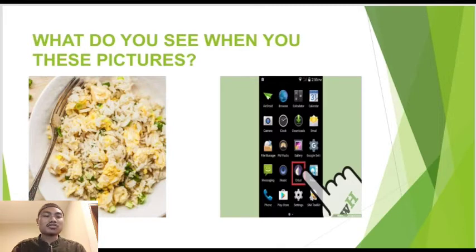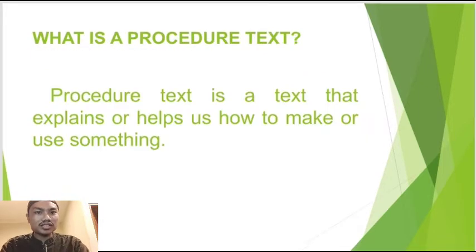Good, good. So you guys already know about the basics of procedure text, even from the title itself. How to make. Okay, let's go to the next slide. Okay. So what is a procedure text? There's a lot of explanation and definition, and here is the basic one.